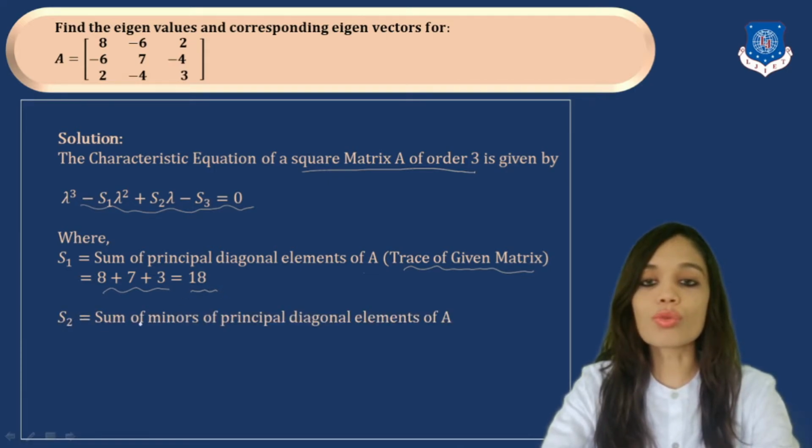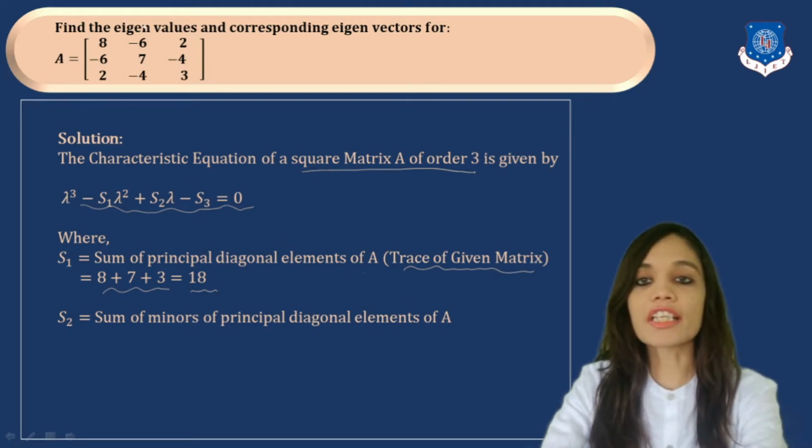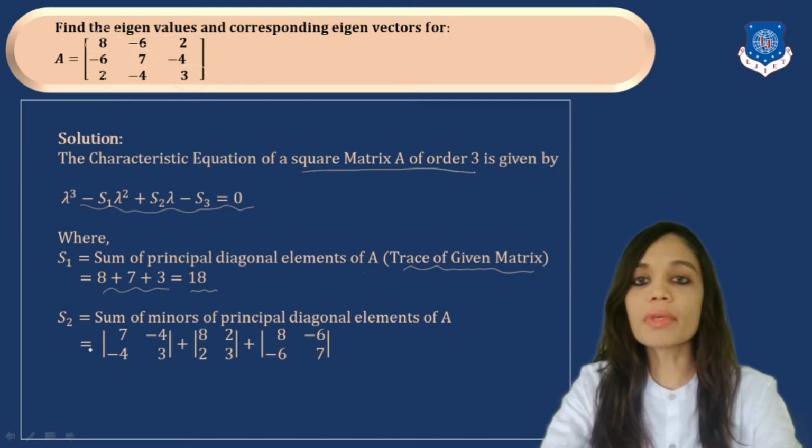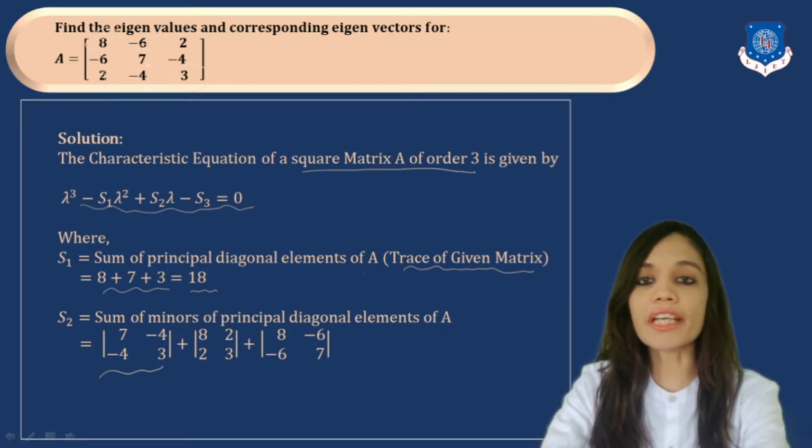Next, S2 is equal to the sum of minors of principal diagonal elements of A. That is, you have to find the minors of 8, 7 and 3, right? So let us find the minor of 8. So hide this row and column, right? So the minor will be [7, -4; -4, 3], right? Similarly, we will find the minor of 7. So hide the corresponding row and column.